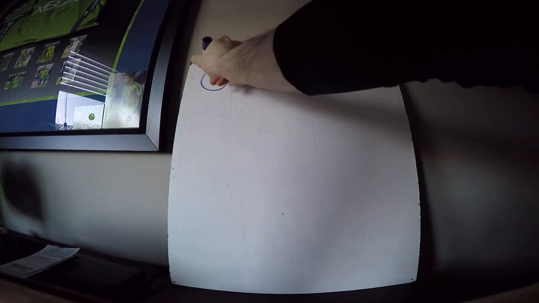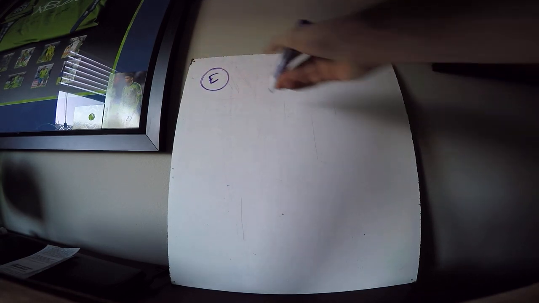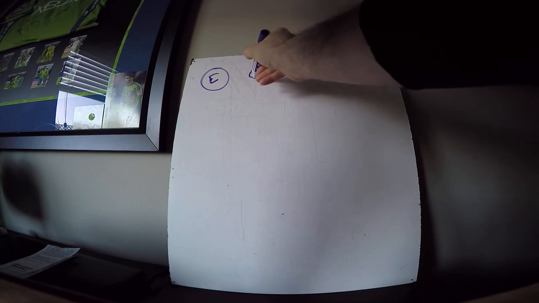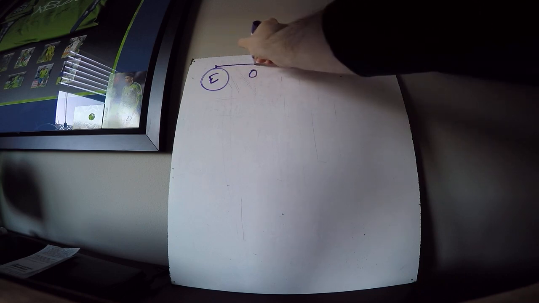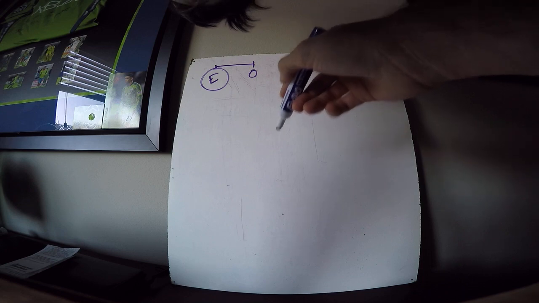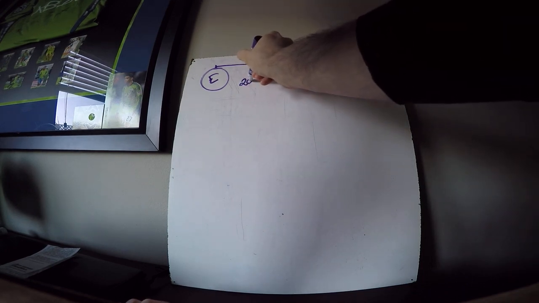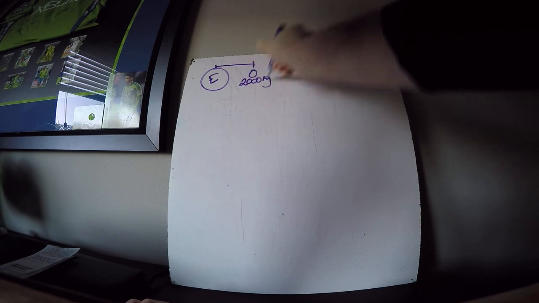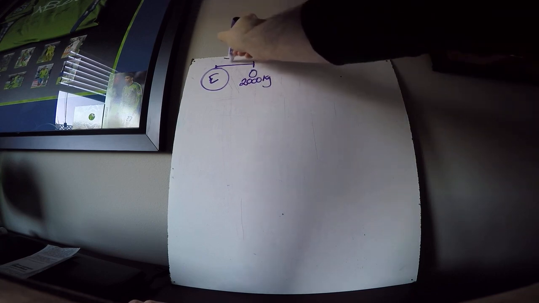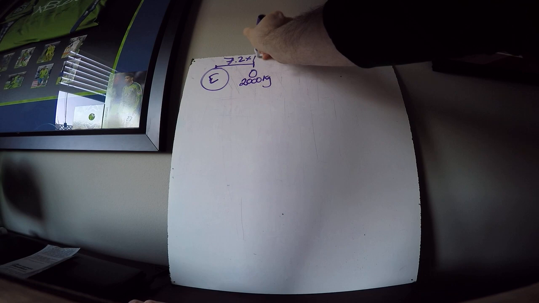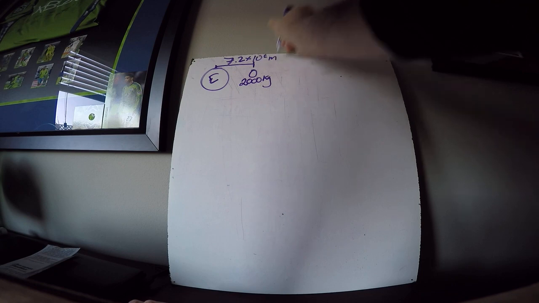So we have a planet, and that planet is Earth, and we have a rock that is 2,000 kilograms. And it is 7.2 times 10 to the 6th meters away.